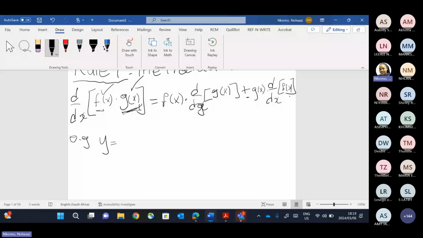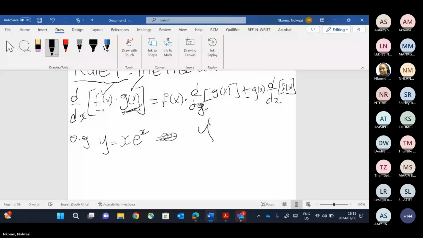New example. Say we are given a function y equals x times e to the power x, and you are asked to find y prime, as in the derivative of this function. If you are given a function and asked to differentiate it, you have to go back to your rules.